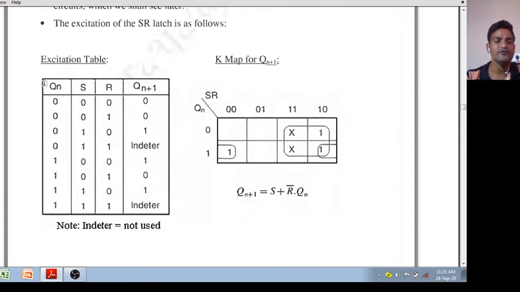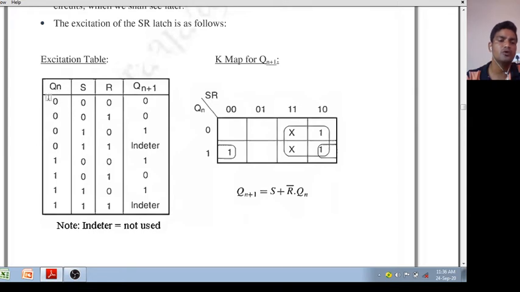Qn, this is your present state. S and R, these are your flip-flop inputs, and Qn plus 1, this is called next state. In last class I told, instead of Qn plus 1 we were taking Q, and instead of Qn we were taking Q0.